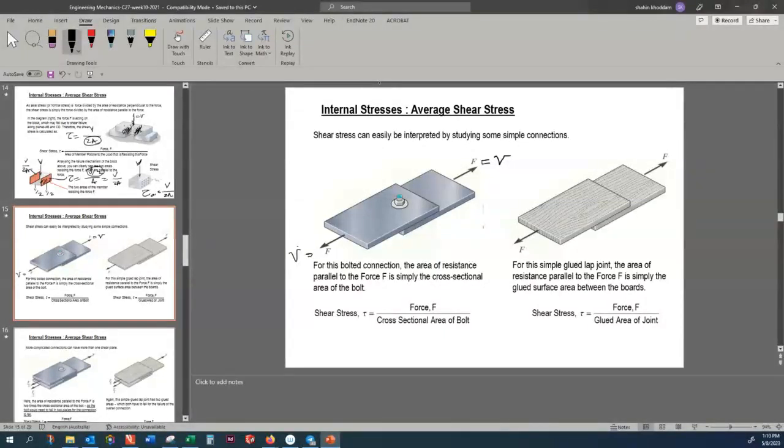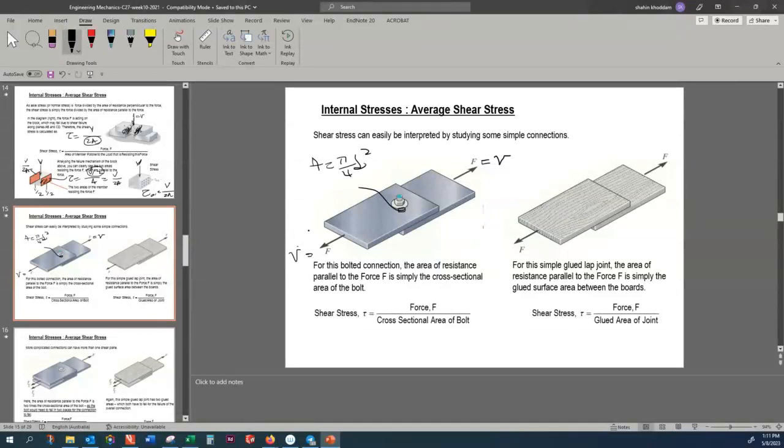So the only part of this structure which resists that shear force is the cross-sectional area of the bolt. So that cross-sectional area, which is pi by 4 d squared, yeah, the part in common. The only part of this structure, in the left-hand side, I assume that they are not glued together, they are not welded together, they are only being bolted together.